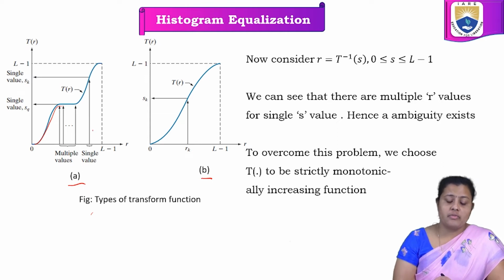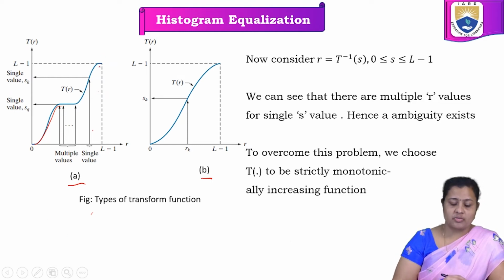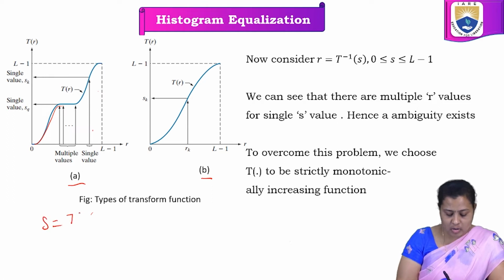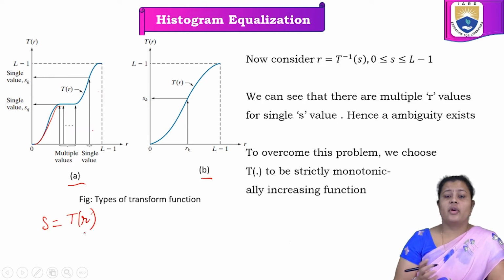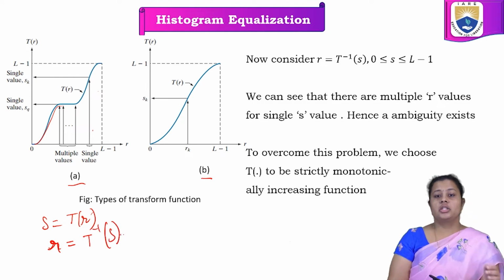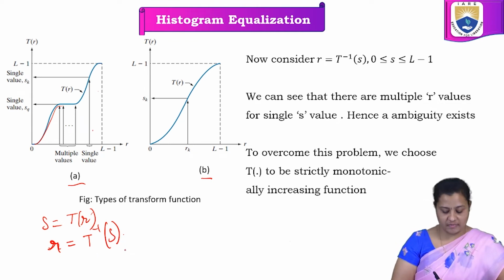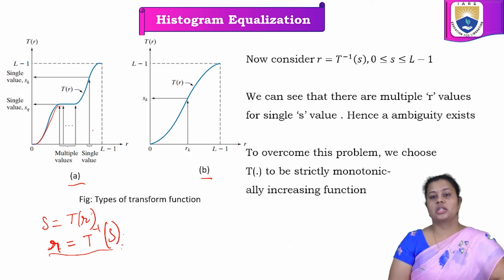Now when we try to reconstruct my original image from my output image, I apply the transform function S equals T of R. If I want to obtain my original intensity values from this output intensity value, then R is equal to T inverse of S. So I am doing an inverse operation on the output intensity values S to get my input intensity values.